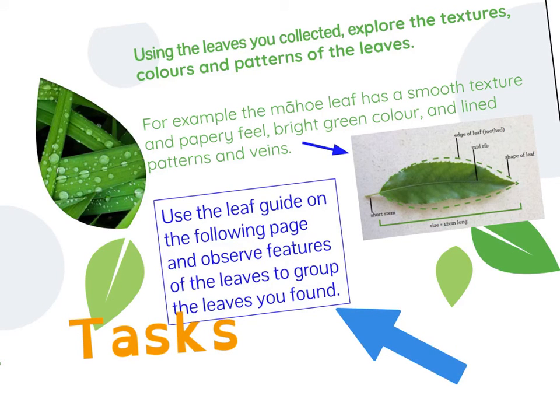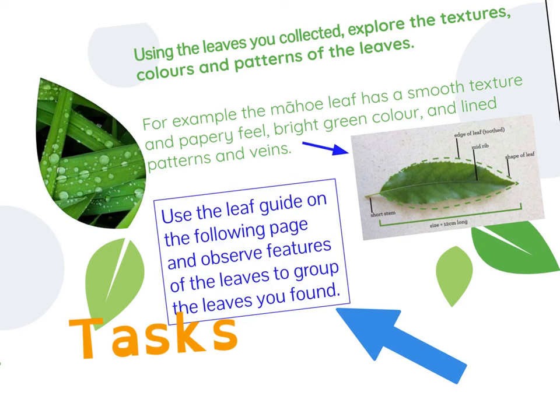For the second part of your task, you need to use the leaf guide, which is on the slideshow, to observe features of the leaves to group the leaves you've found. So you want to group them together. If the leaves had sharp pointy parts, you might group those all together.